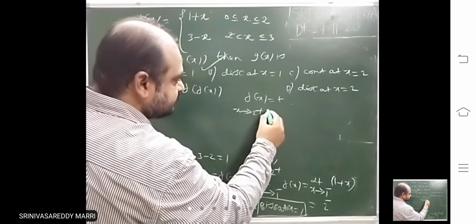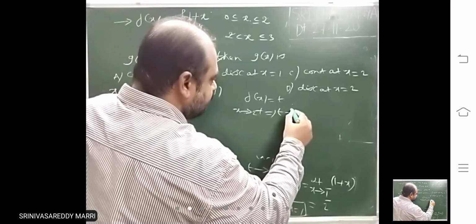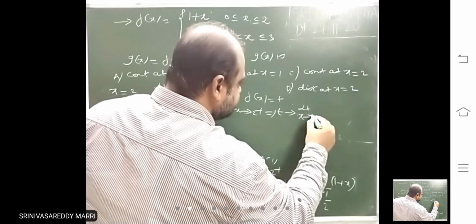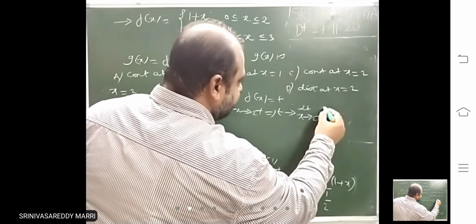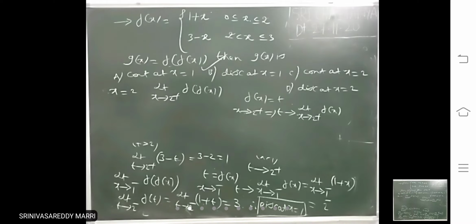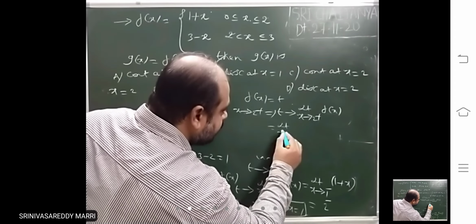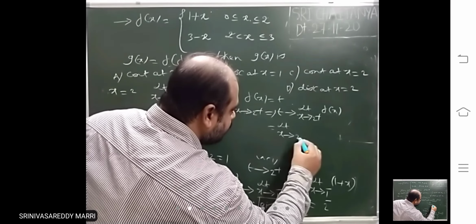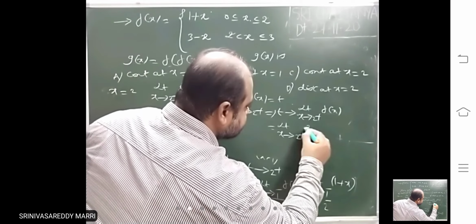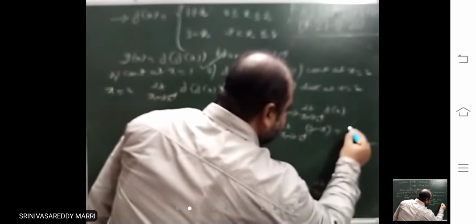So x tends to 2 plus implies t tends to the limit as x tends to 2 plus of f of x. What is that? 2 plus is greater than 2, so this is 3 minus x. This is 3 minus 2, which is 1.